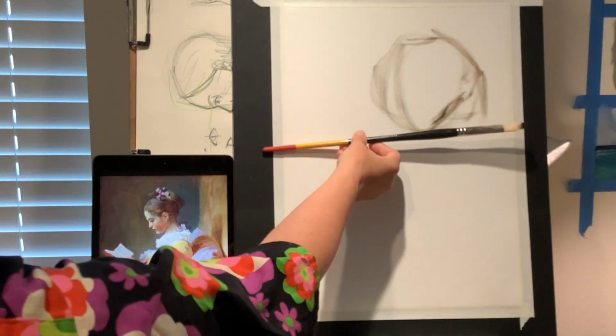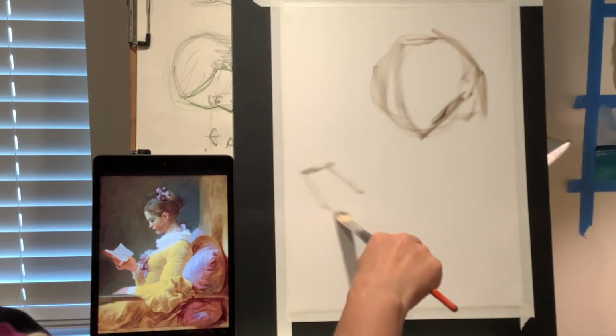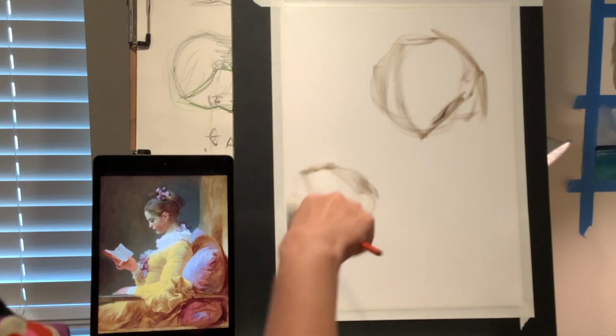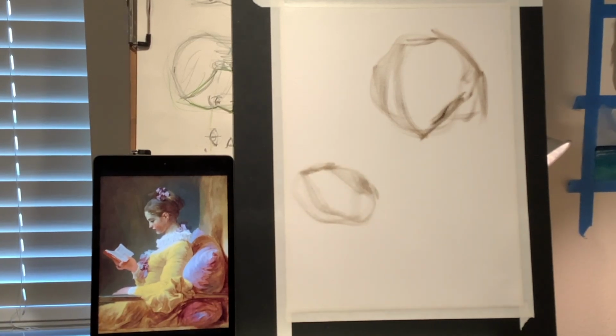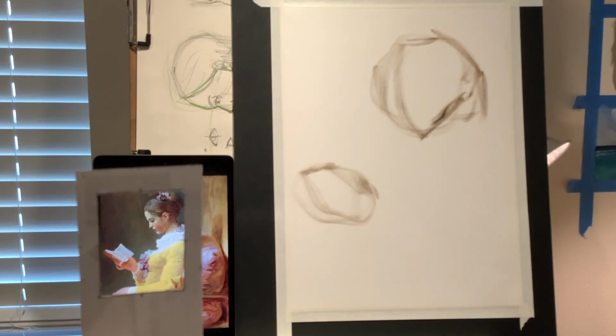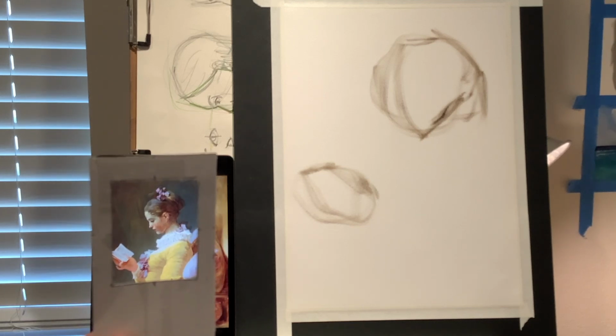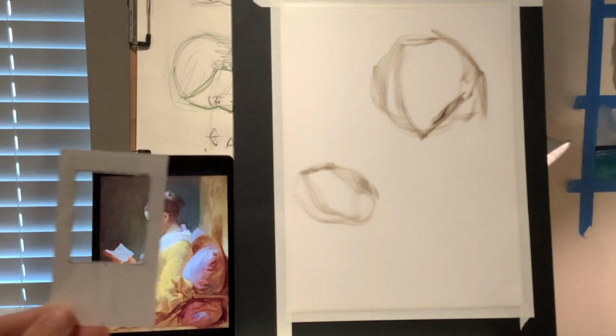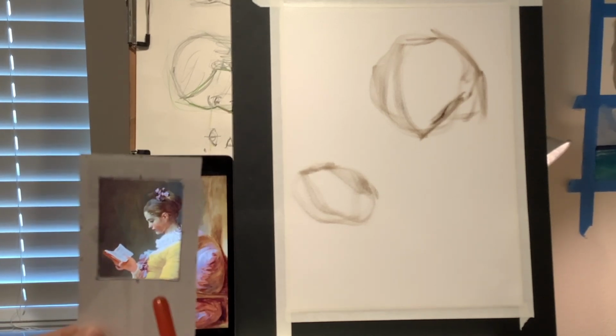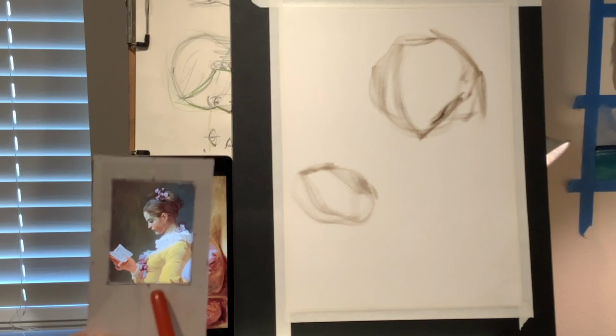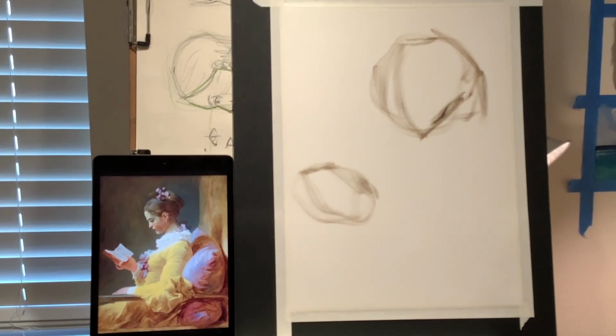So if halfway is here, I'm gonna say the book is kind of over here, about. Okay?